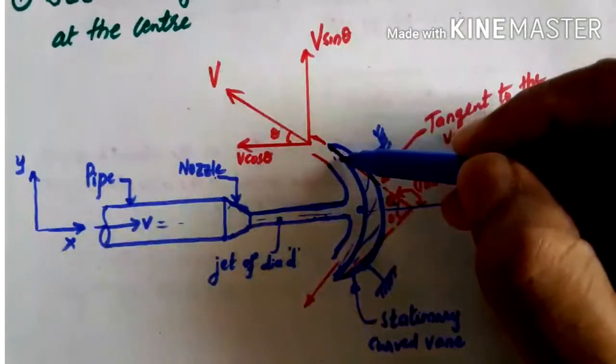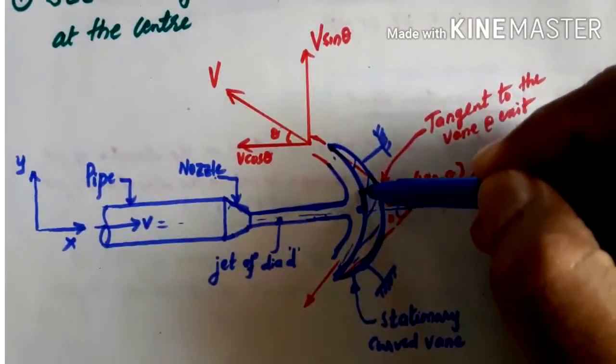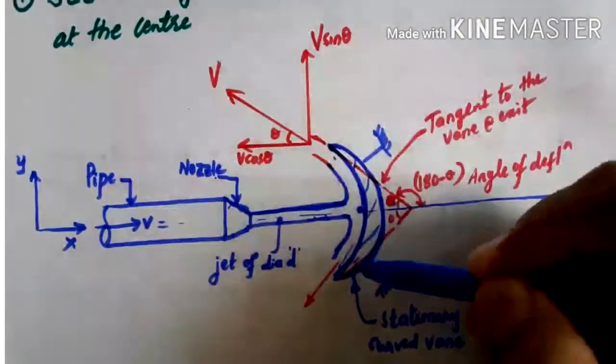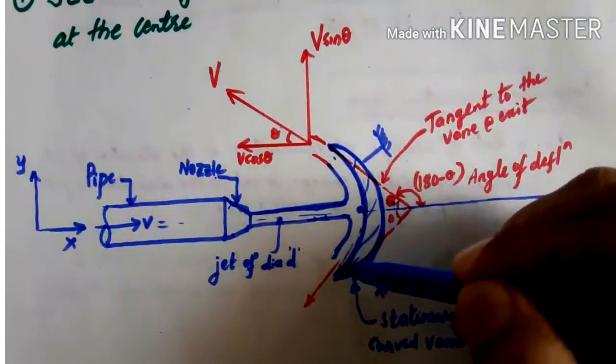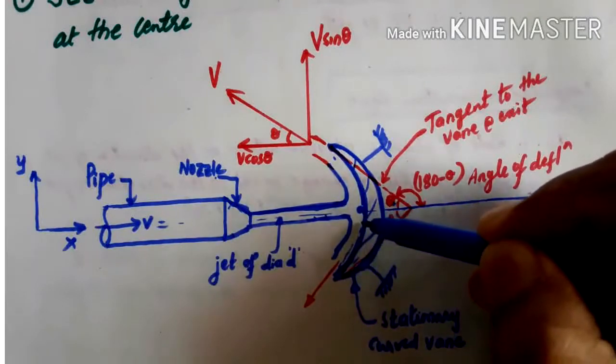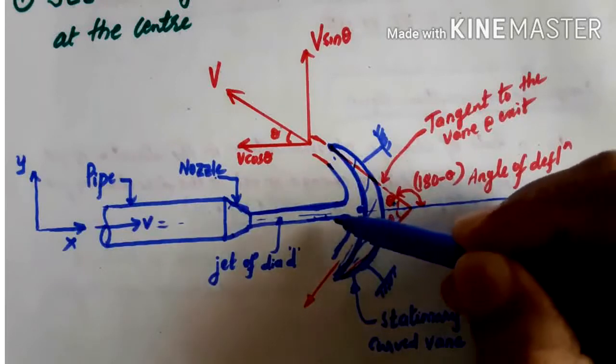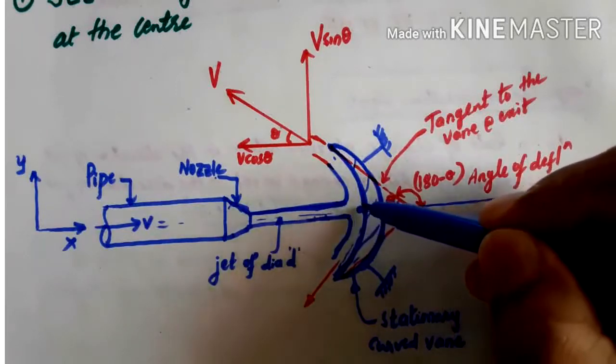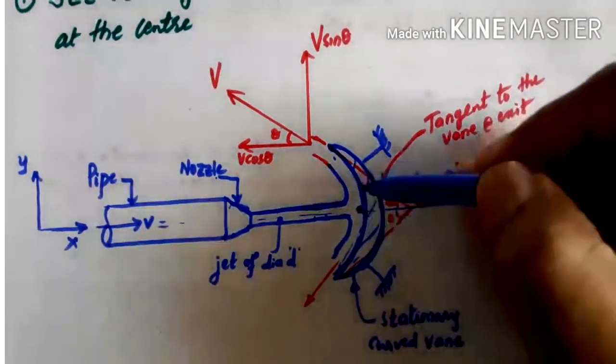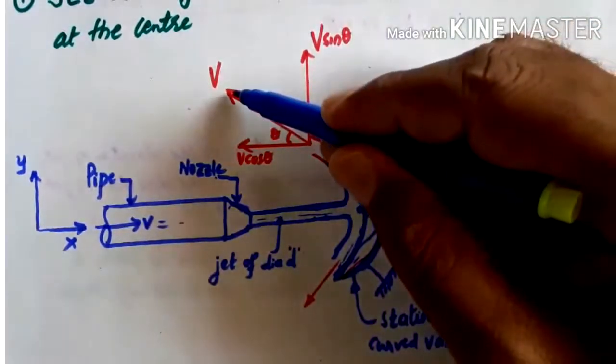The inner surface of the curved vane, we have to assume, is perfectly smooth. There is no frictional loss here. Whatever velocity the jet strikes with, it comes out with the same velocity v.